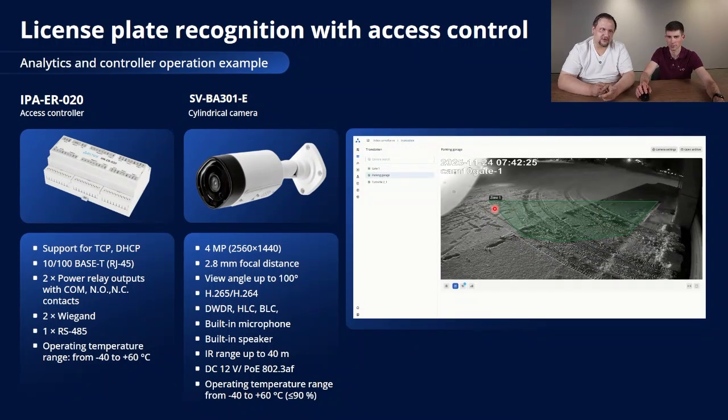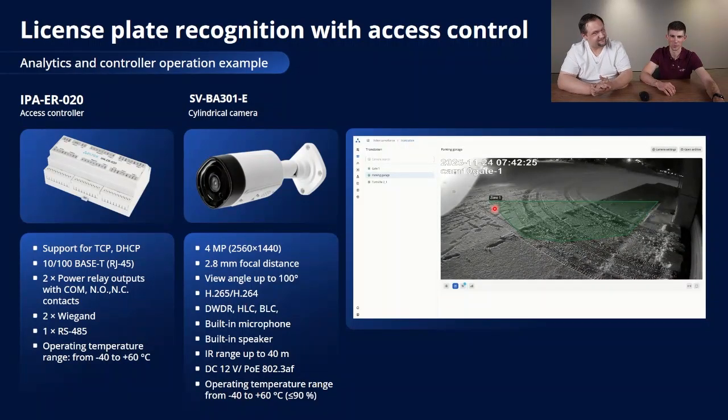Also, I have to mention that in this case we're using our cylindrical camera on the outside. As you see, there is a window there, and we have quite a wide range of operating temperatures on this camera.